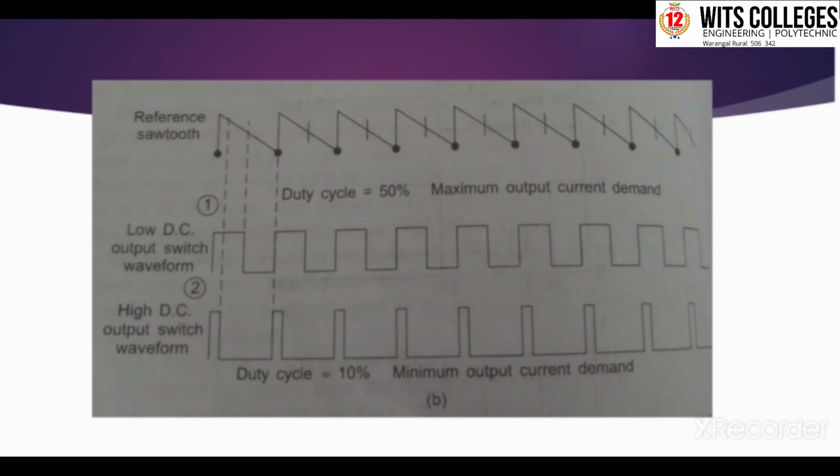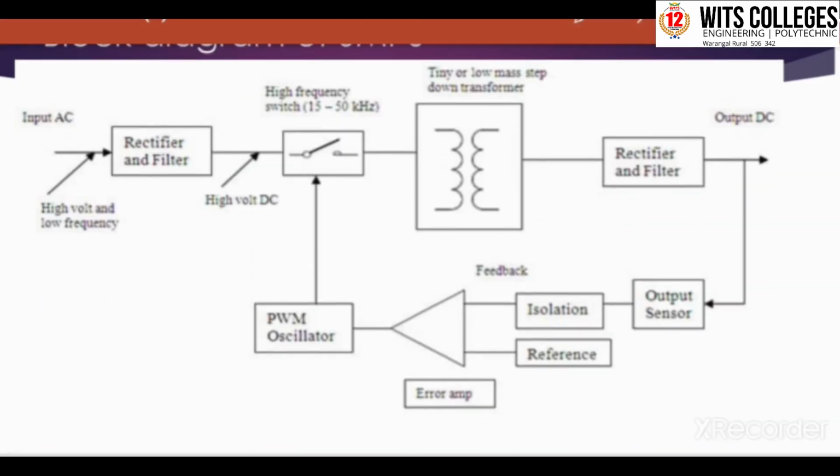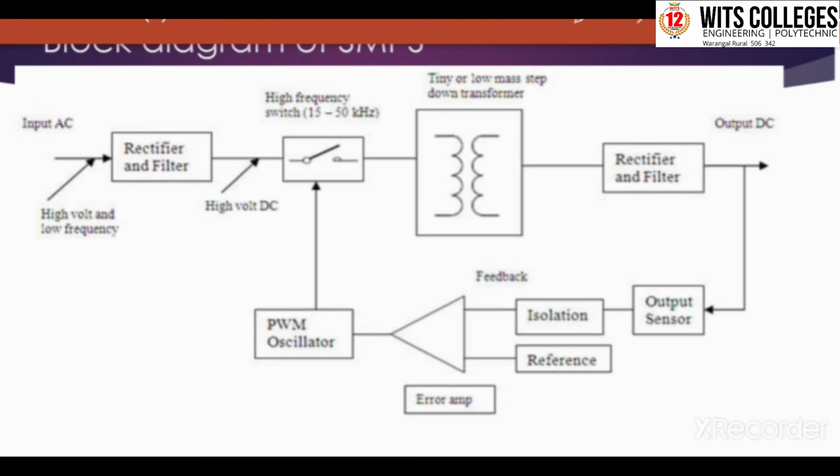The width or on time of the oscillator is controlled by the voltage feedback from the secondary rectifier output. This is the secondary rectifier output at the output DC circuit, after the secondary terminal of the step down transformer, where we again rectify the signal with a rectifier and filter circuit.